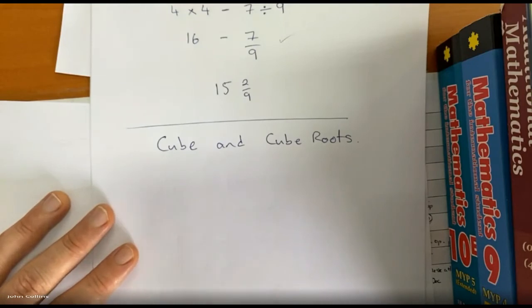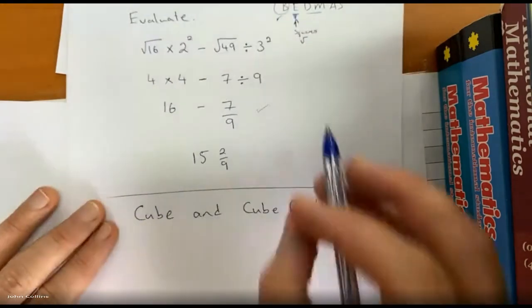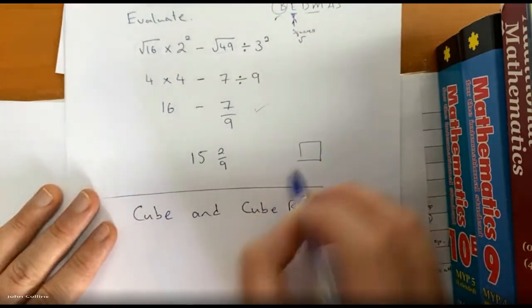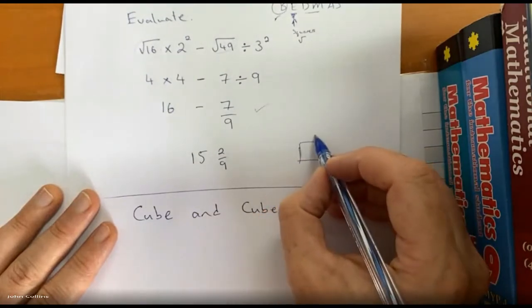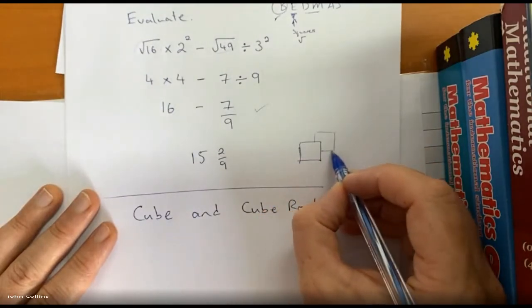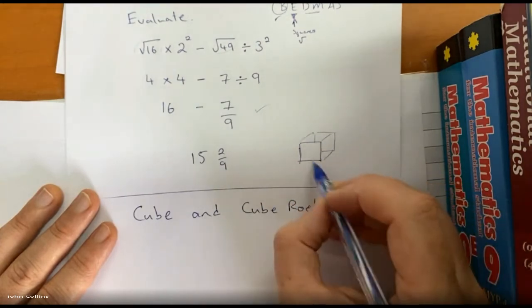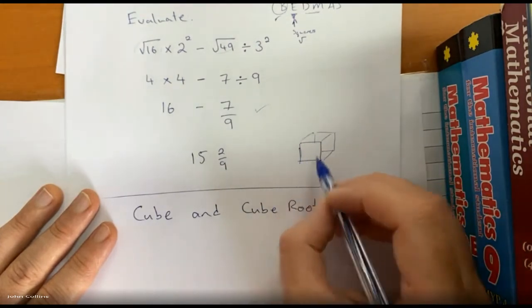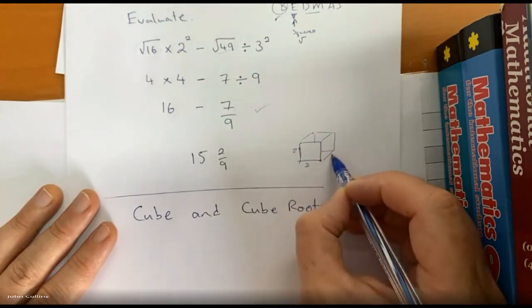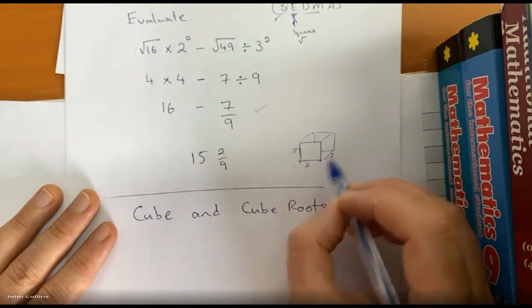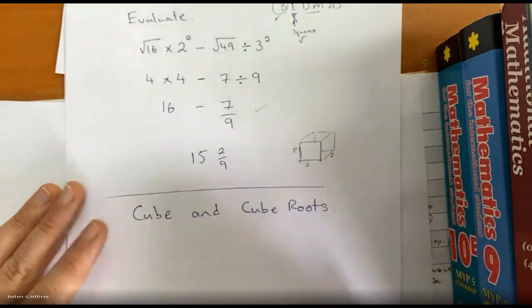Yes, Brady. So earlier on we had squares. Now we have cubes. So we have an extra dimension to the square. A cube. In other words, if you're finding the volume of this, you go 2 times 2 times the depth. 2 times 2 times 2. 2 cubed.